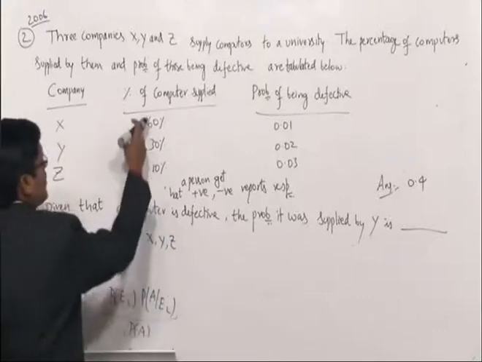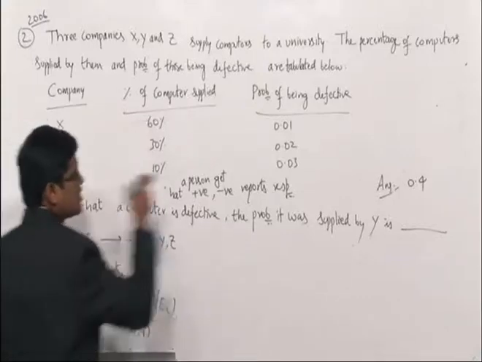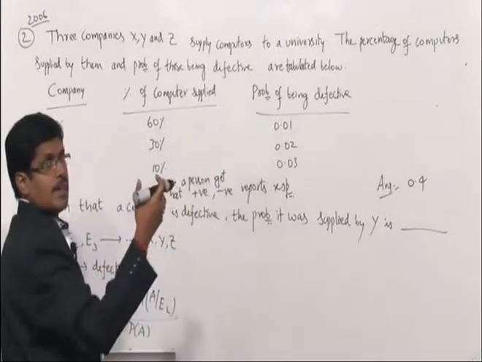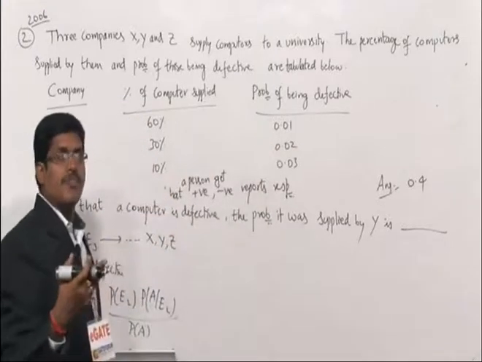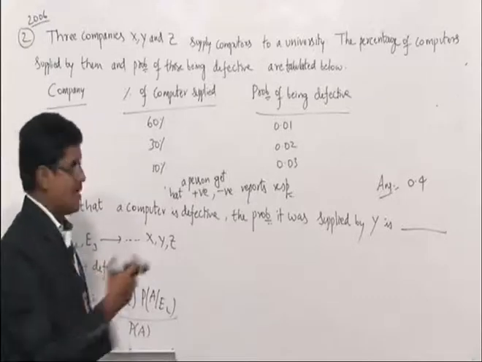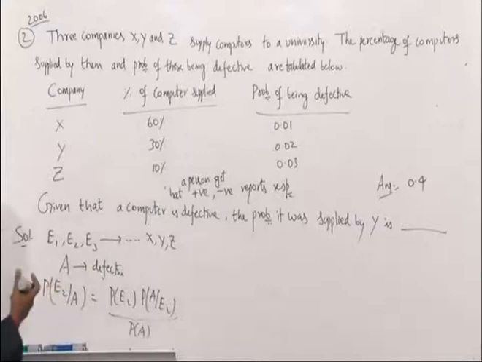So this is P of E1, P of E2, P of E3. This is P of A given E1, P of A given E2, P of A given E3. Probability that the computer being defective, defective by company X or company Y or company Z. That is the meaning. And finally, what the question required?